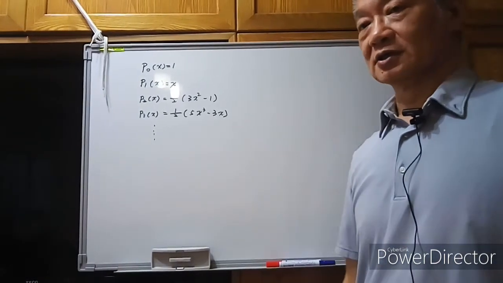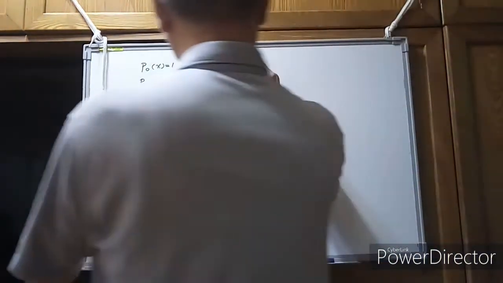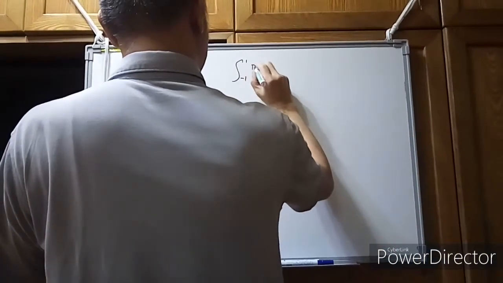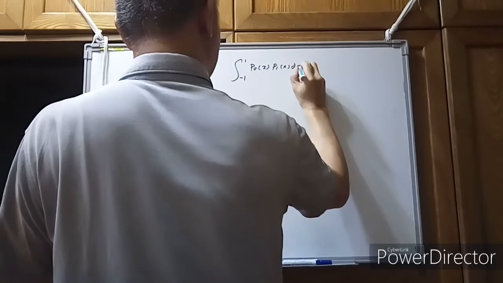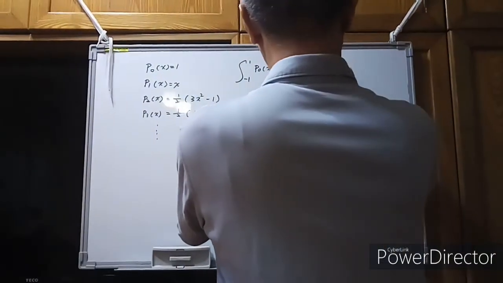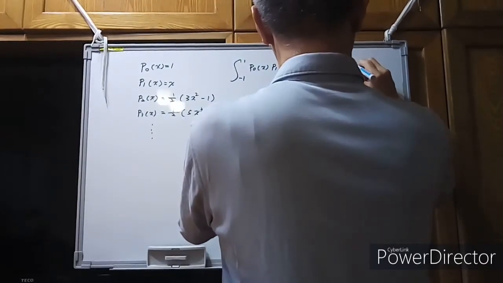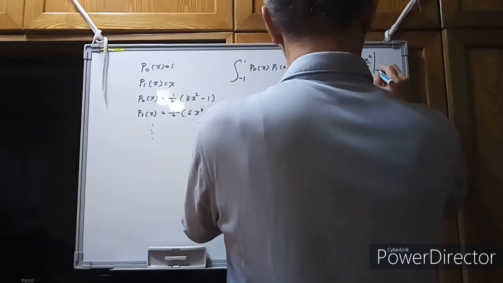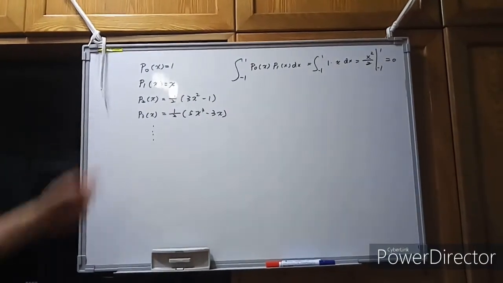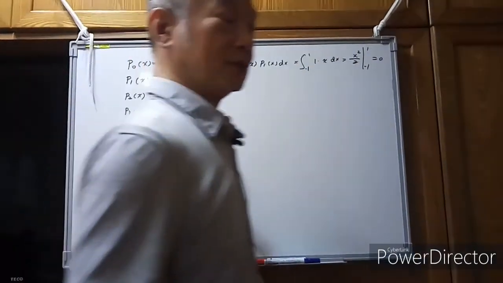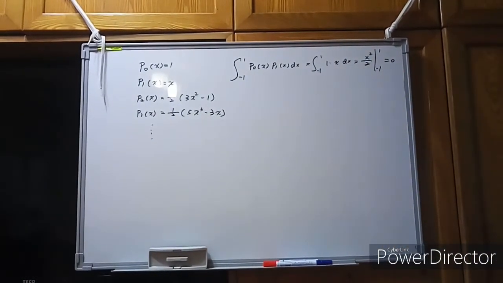Let's use some real examples to check the characteristics. So P0 times P1, if we integrate them from -1 to +1, you can find the result is equal to 0.